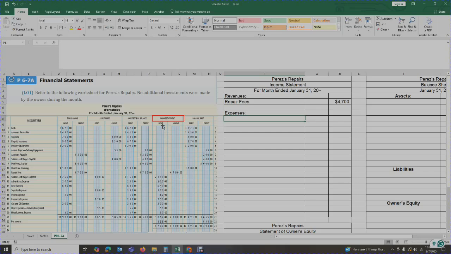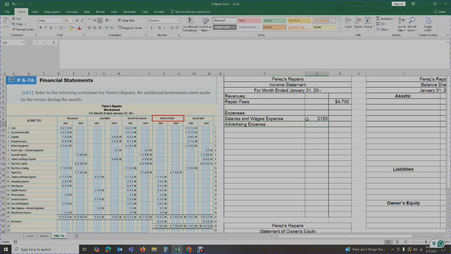They have a normal balance of a debit. You're going to just copy that information over to your income statement. So we're going to start off with salaries and wages expense. And remember, you are picking up the numbers from the income statement columns of your worksheet. So we've got $21.50 for the salaries and wages expense. We have advertising expense.